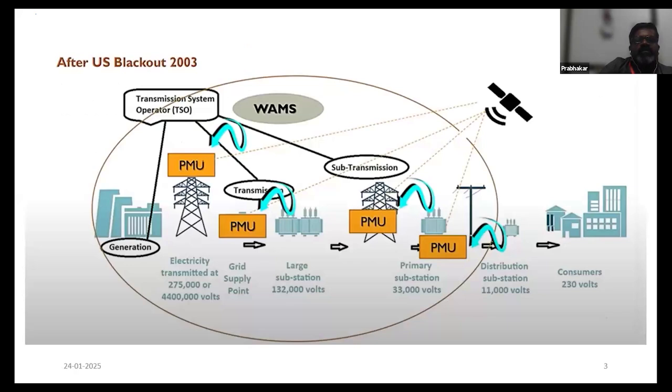So if you see, after the US blackout, as I said, people started utilizing these PMUs on the transmission side, which are connected with the GPS, that is the satellite, so that people could extract information starting from voltage angle, then similarly frequency, rate of change of frequency, and similarly the voltage phasors, all those phasors for all the phases.